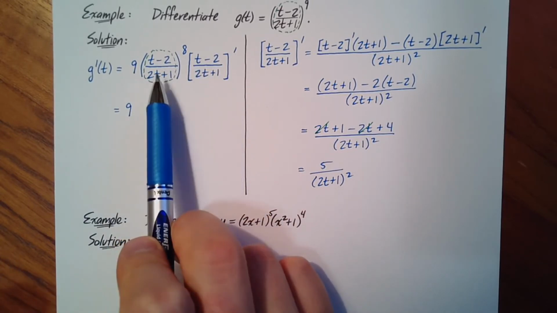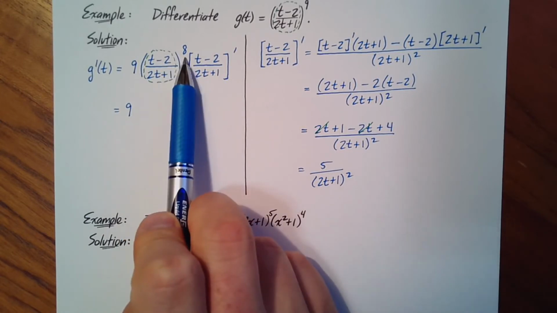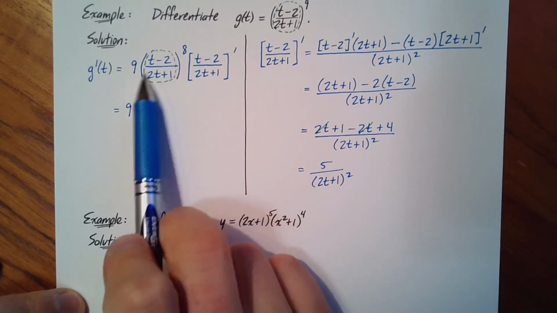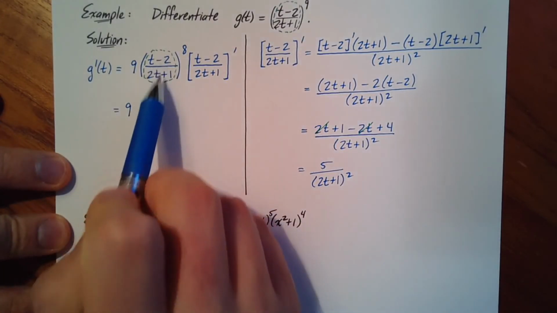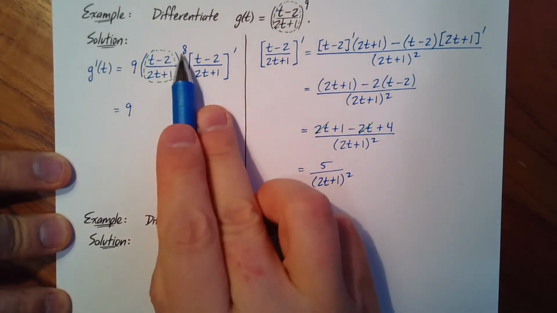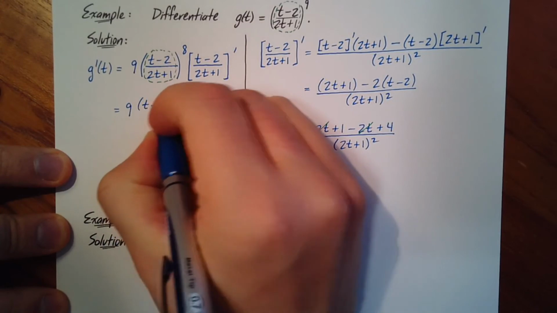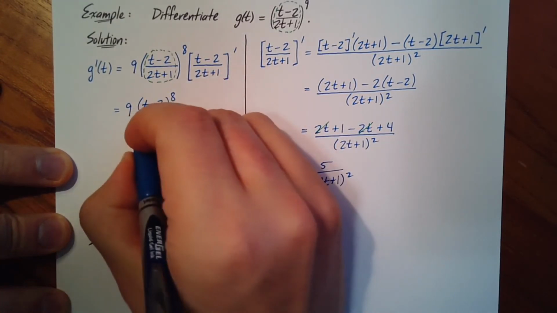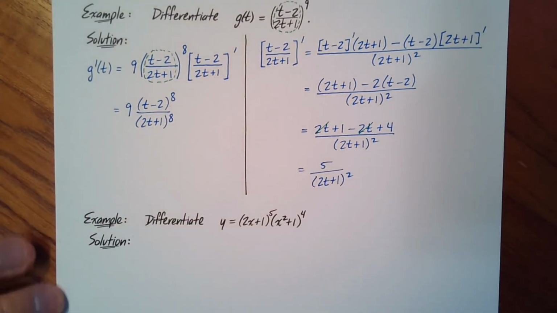We also have 2t plus 1 over here, which, since it's part of a fraction that's raised to the power of 8, if I split this up, we can actually combine the denominators. So I'm just going to split this fraction up because it's raised to the power of 8. I can write this as (t minus 2) to the power of 8 divided by (2t plus 1) to the power of 8, just using properties of fractions.